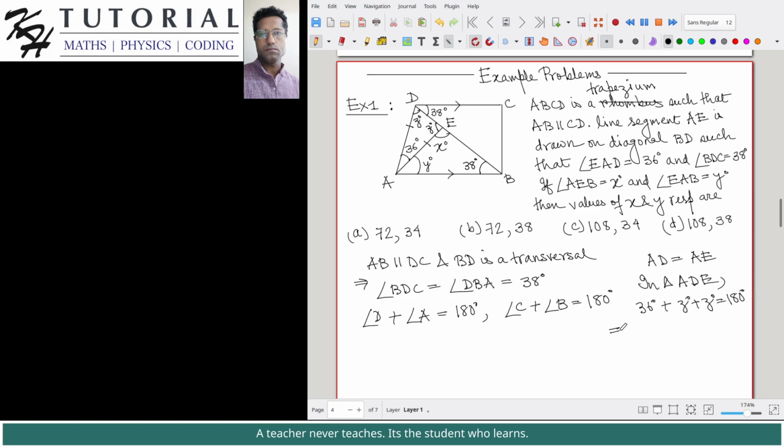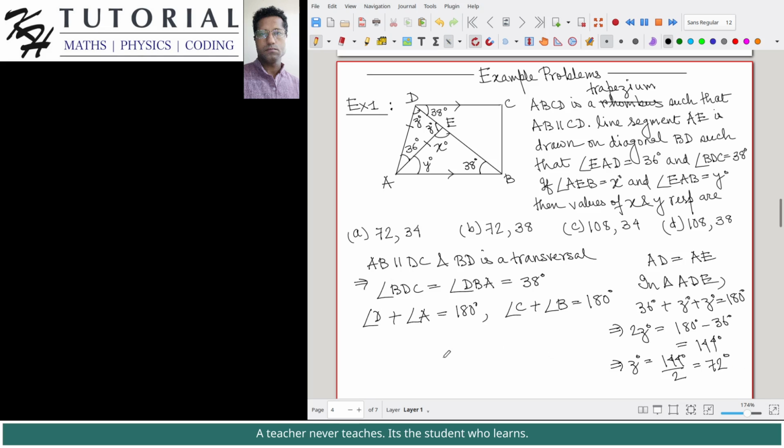So 2Z is 180 minus 36, which is 144 degree. So Z is 144 by 2, that is 72 degree.